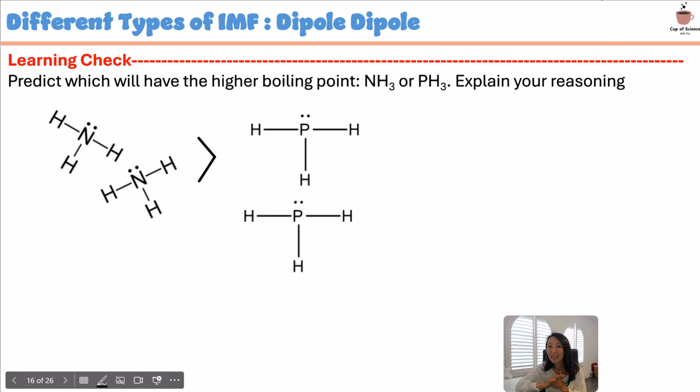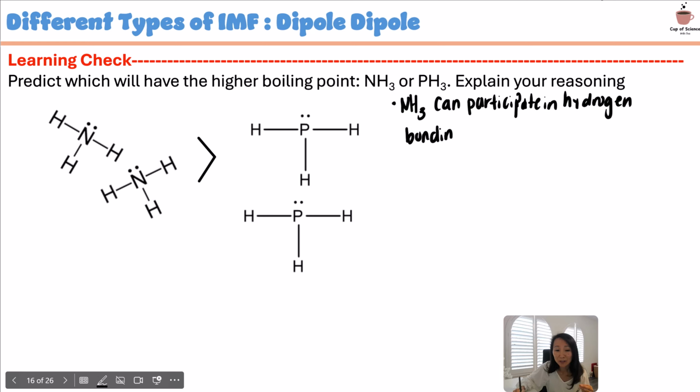All right, so NH3 will have the higher boiling point. Why does NH3 have the higher boiling point? That's because NH3 can participate in hydrogen bonding.